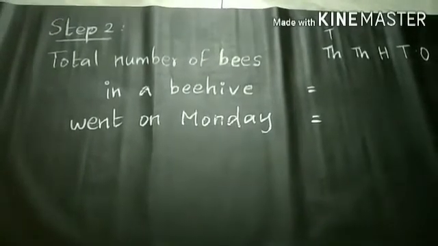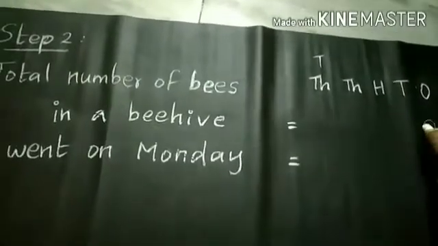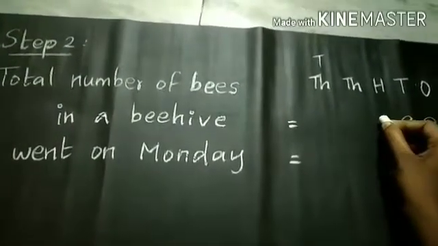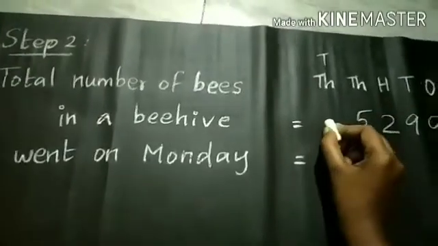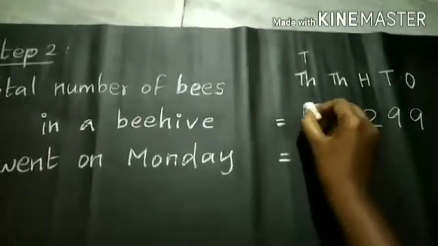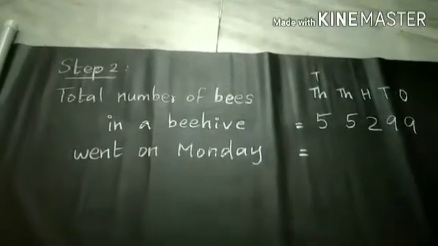Students, next we have to find the number of bees did not leave beehive on Monday. So we should subtract the number of bees went out on Monday from number of bees in a beehive. Now write number of bees in a beehive is 55,299. Write the number from right to left.